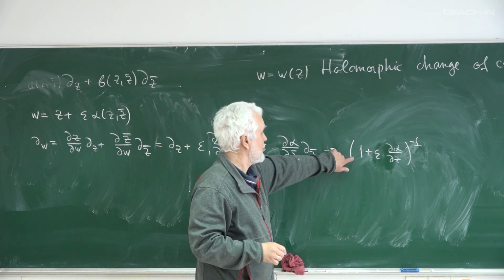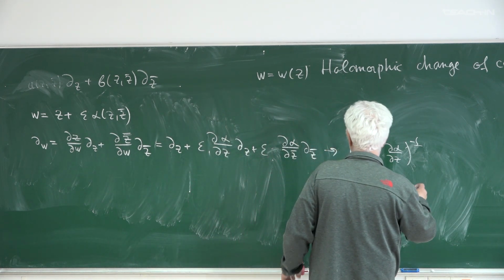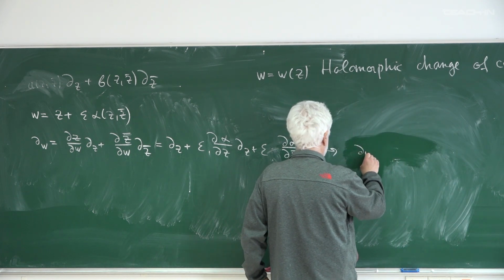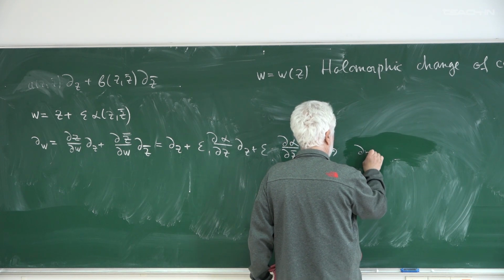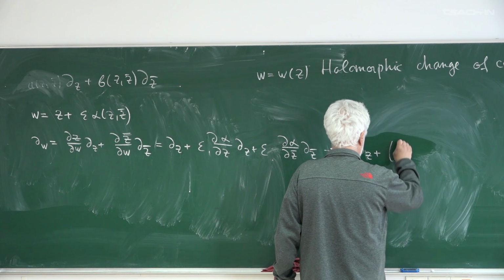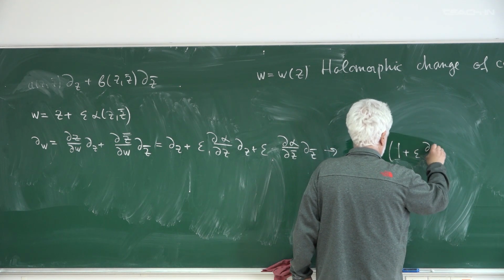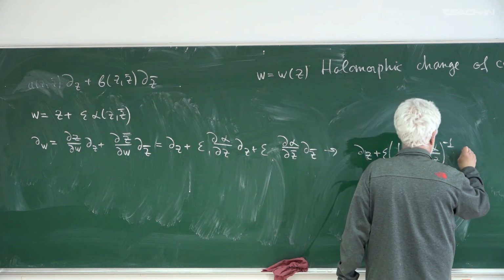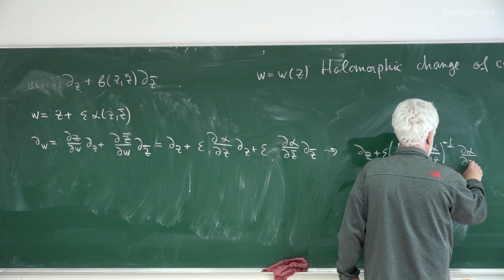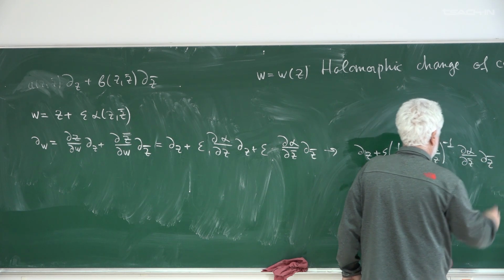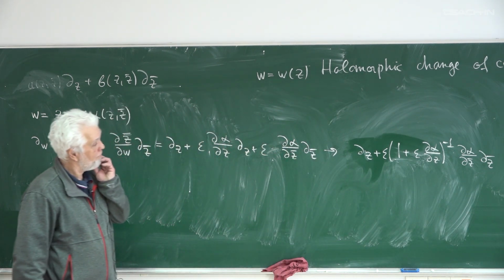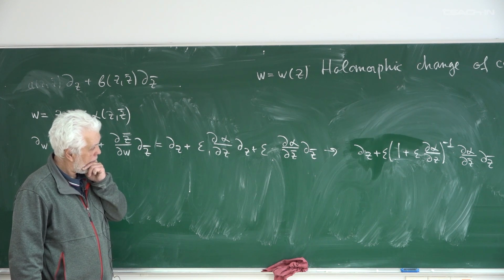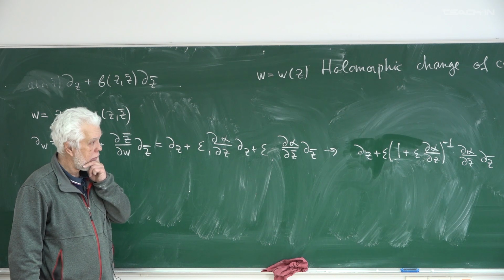We have to multiply it by this, and we obtain dz plus, you see.